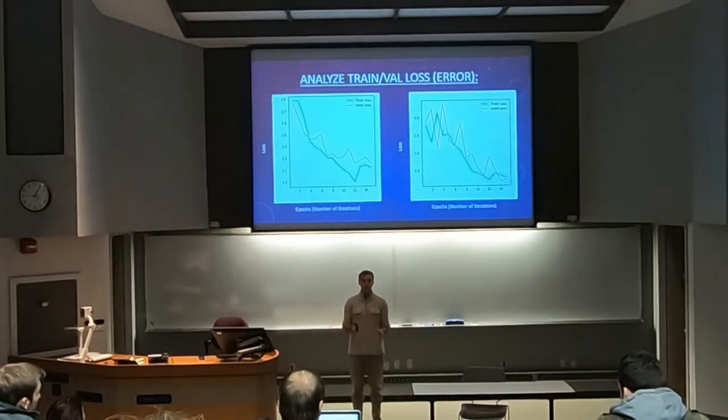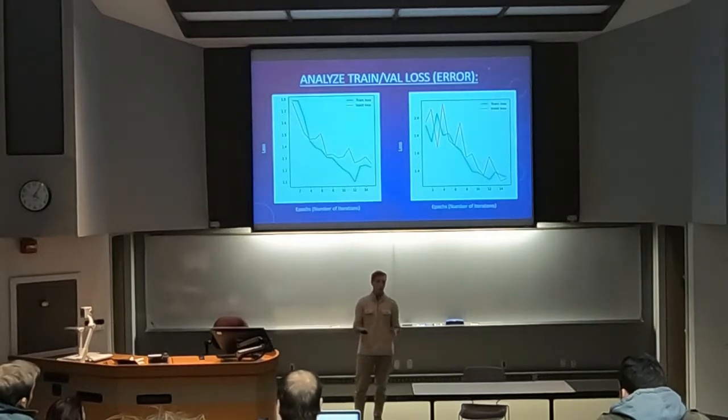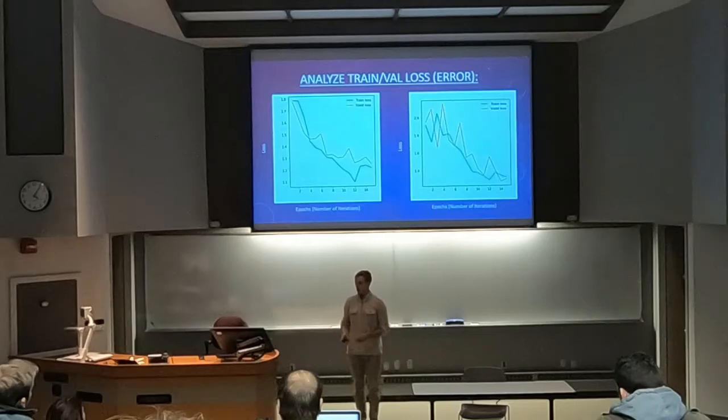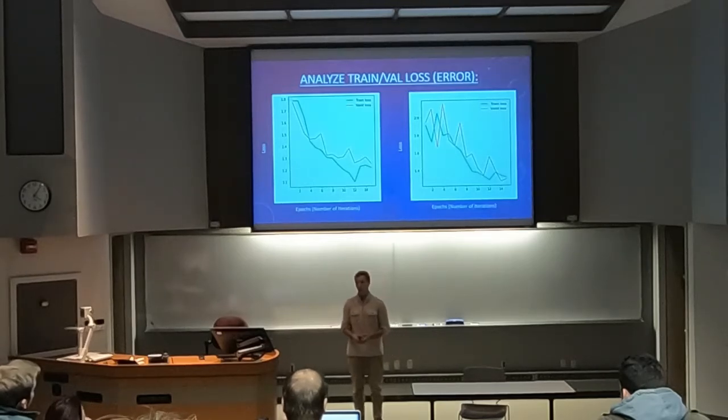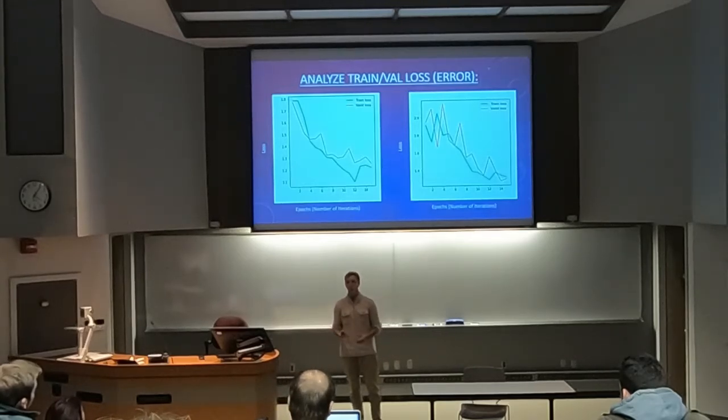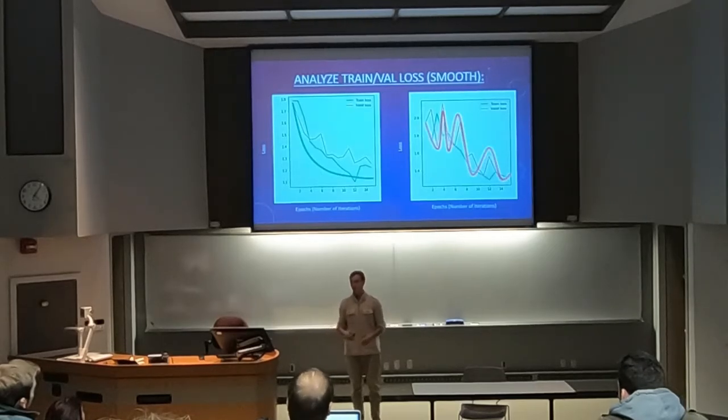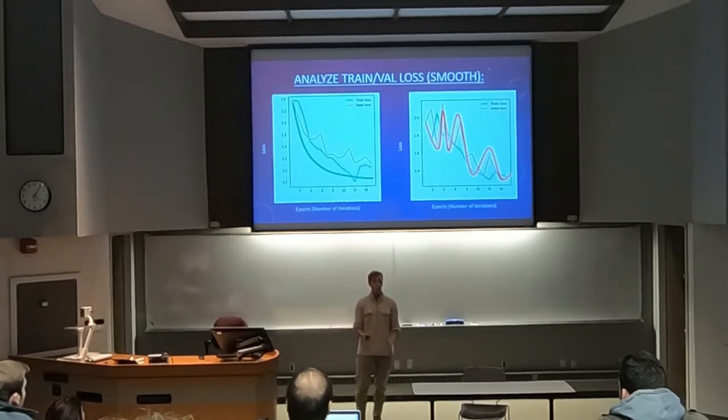Analyzing the training and validation loss is arguably one of the most important parts of building a model. As you can see here, loss is equivalent to error. So every time I refer to error or loss for the rest of this presentation, just think of it as how badly your model is doing. Of course you want to minimize that, but you want it to be a smooth descent.